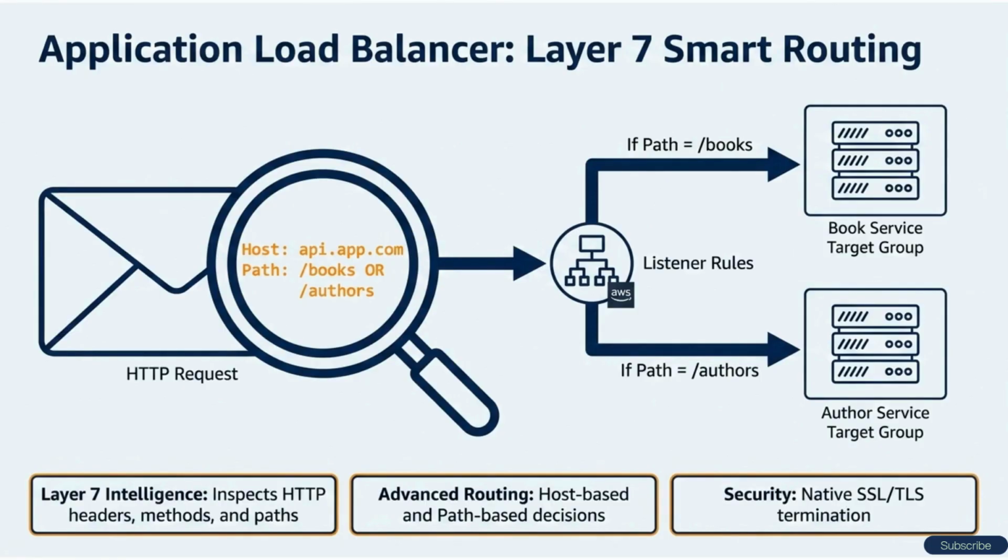This is called path-based routing. ALB is extremely popular in microservices, containerized applications, Kubernetes, modern web applications, because one load balancer can route traffic to multiple backend services. Think of ALB as a smart traffic controller that understands the content of each request.